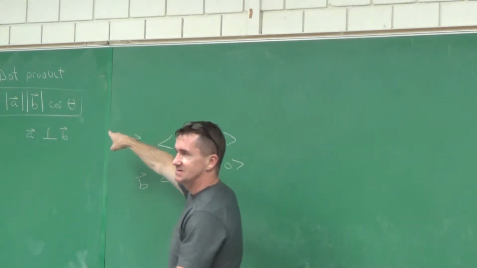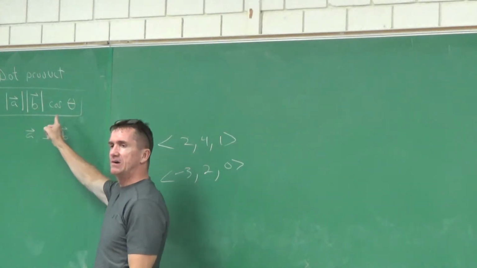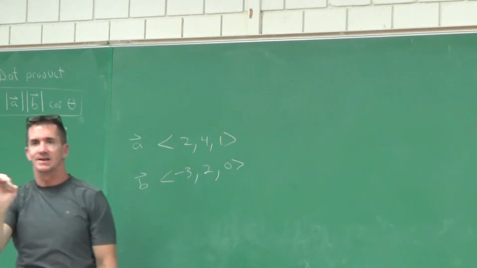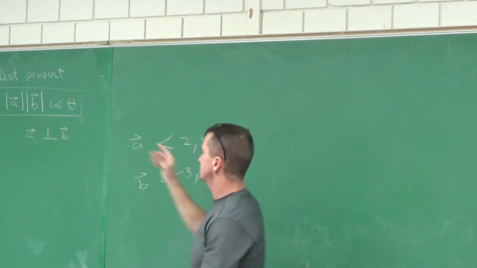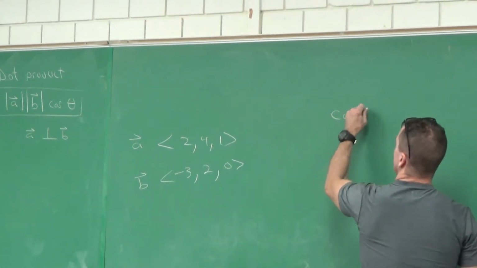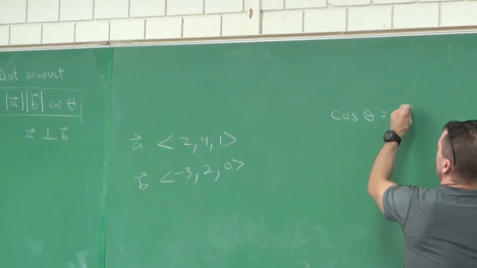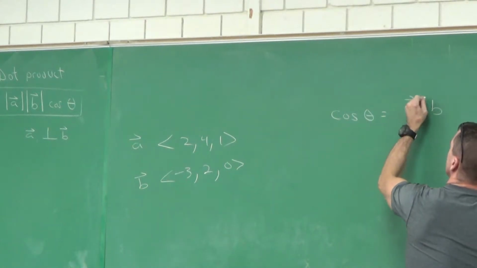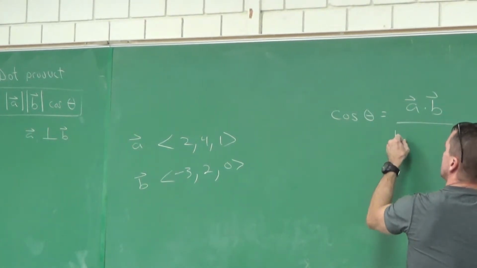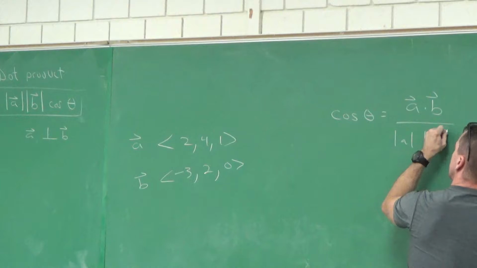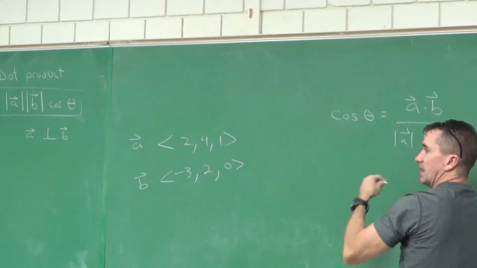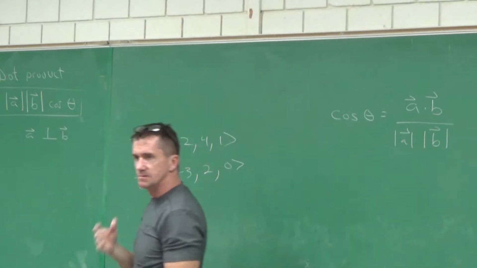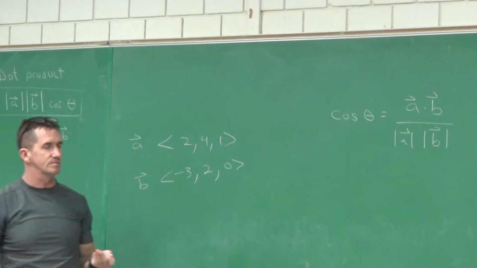We'll use this formula. It won't be hard, but we should rearrange it and solve for theta. What would cosine theta equal to? A dot B over the magnitude of A times the magnitude of B. You might write that as a separate formula in your notes. That's what cosine theta always equals.